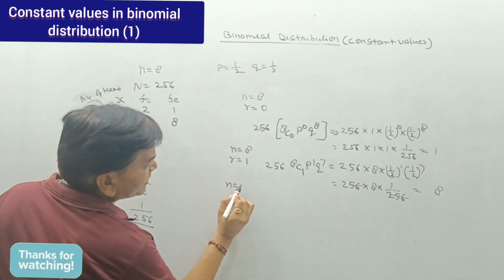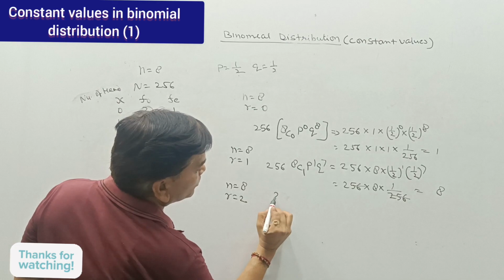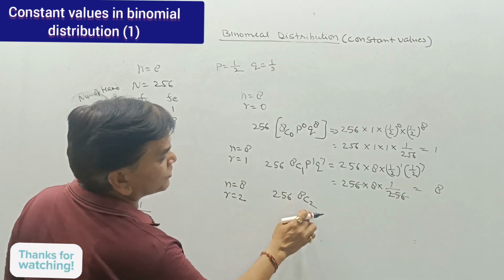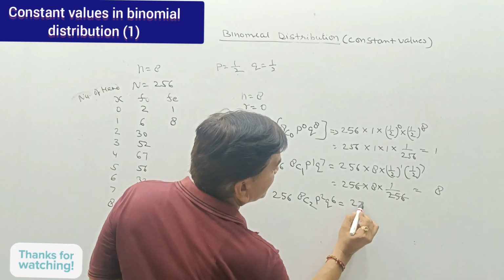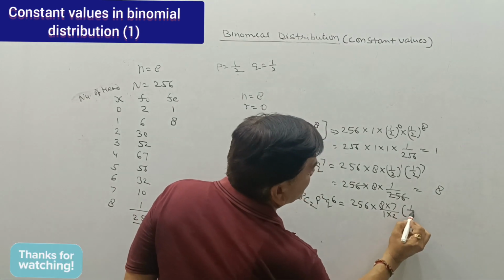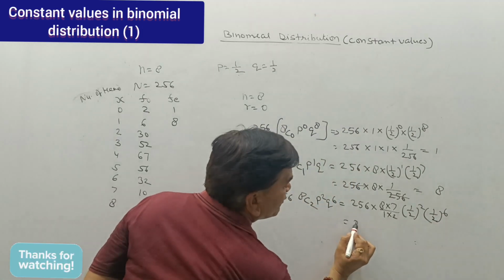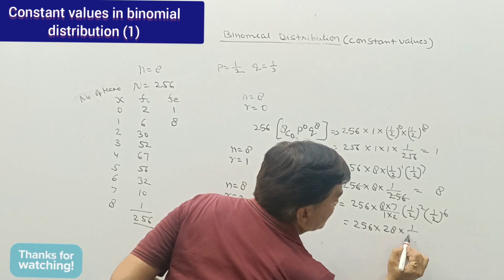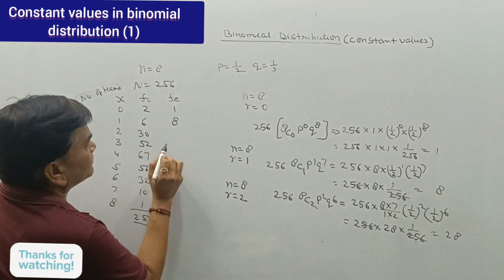Third, if n is equal to 8 and r is equal to 2, then 256 8C2, here the value of r is 2, so p raised to power 2, q raised to power 6. So 256 multiply (8 multiply 7 upon 1 multiply 2), (1/2) raised to power 2, (1/2) raised to power 6. So we have 256 multiply 28 multiply 1/256, so the value is 28.